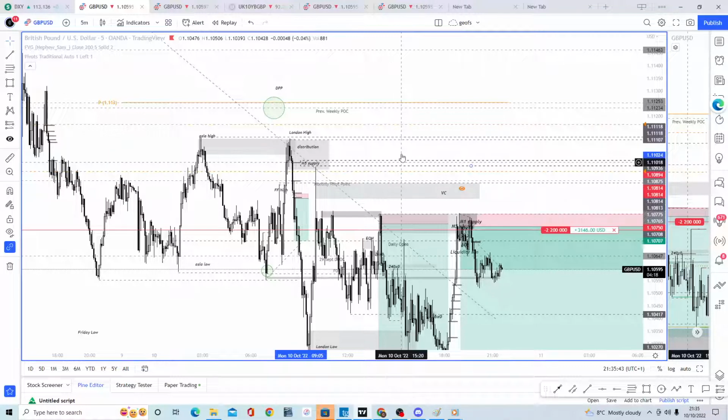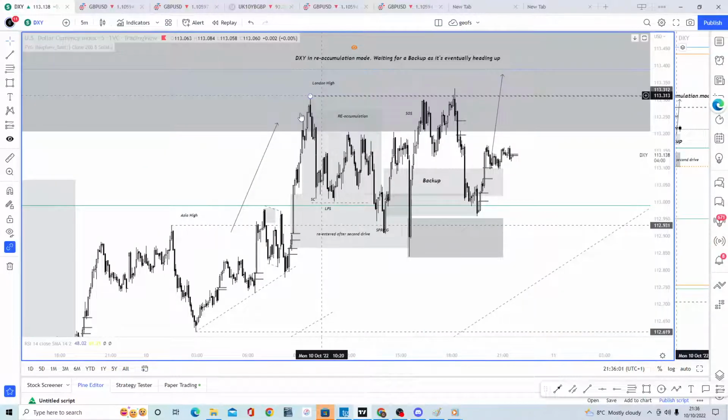But what I was looking at was this, what I thought was a reaccumulation on Dixie. Because we're still compressing up, I didn't think we'd had enough of a push up into the supply, which is what I'm really looking for. So I interpreted this as a spring, i.e. a run on liquidity, a liquidity grab, a filling of this imbalance.